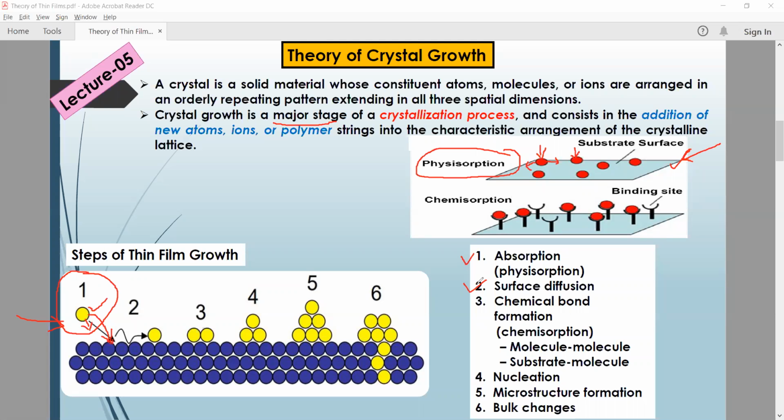So what is the definition of diffusion? Actually, diffusion is the movement of substance. Listen carefully: diffusion is the movement of substance from an area of high concentration to an area of lower concentration. That is the definition of diffusion.